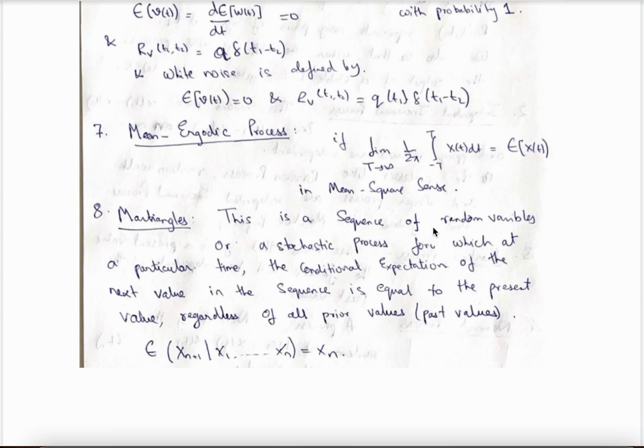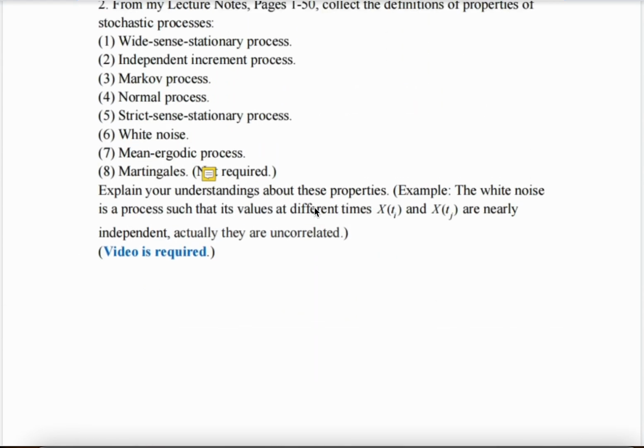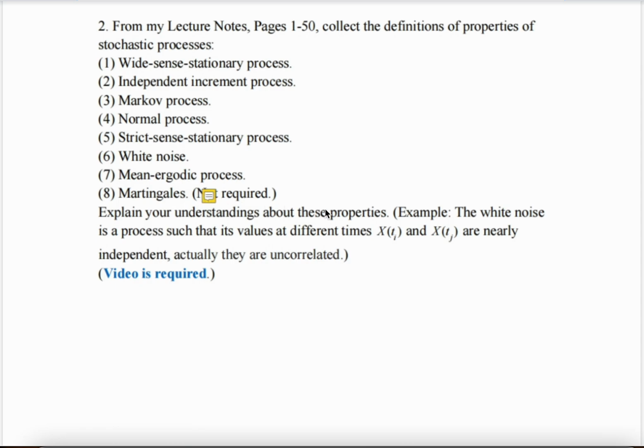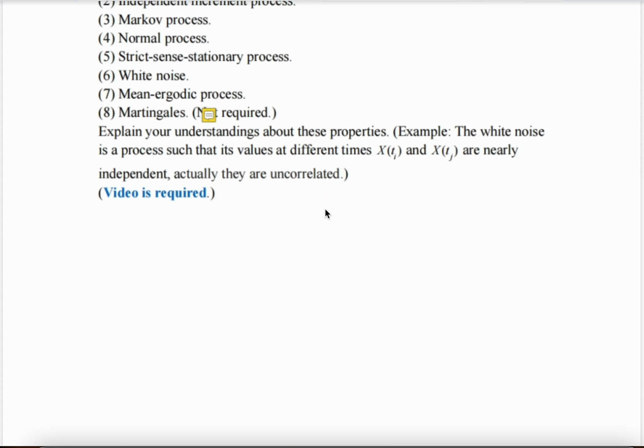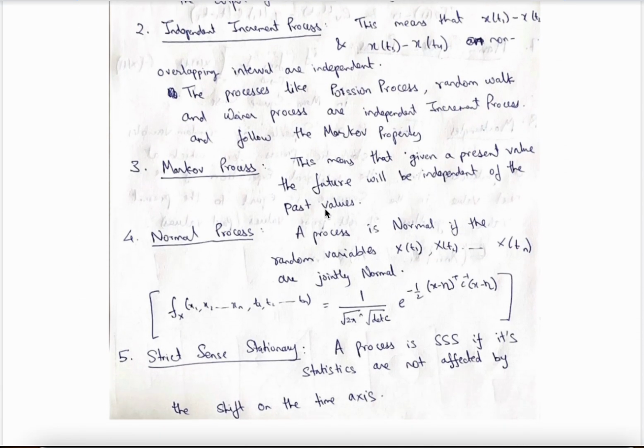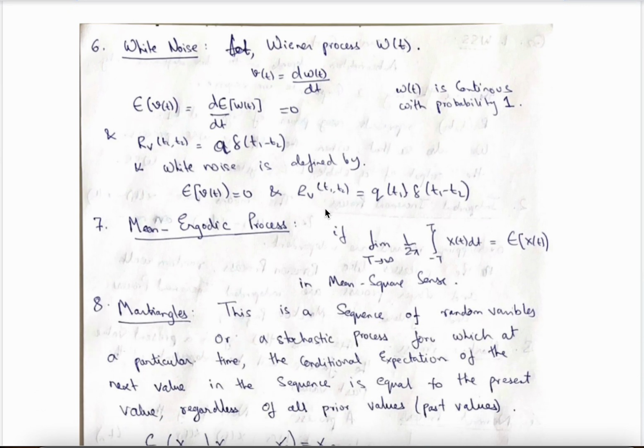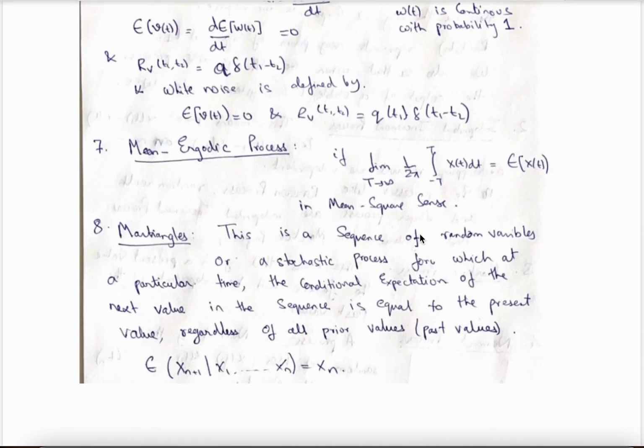The next one is Martingale process. So martingales was optional, but I think it's required for us. Yes, it's required. So a martingale is a sequence of random variables or a stochastic process for which at a particular time the conditional expectation of the next value in the sequence is equal to the present value, regardless of all prior values.